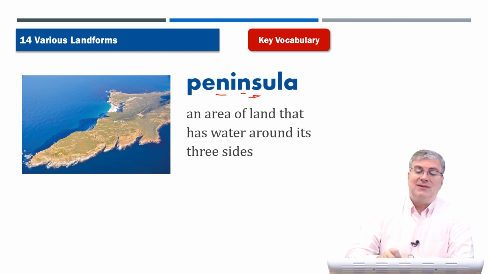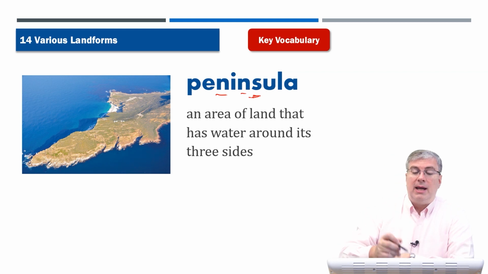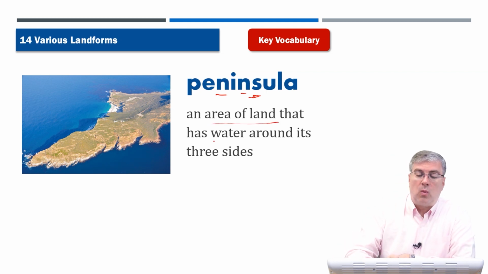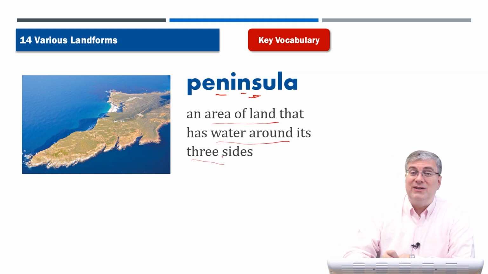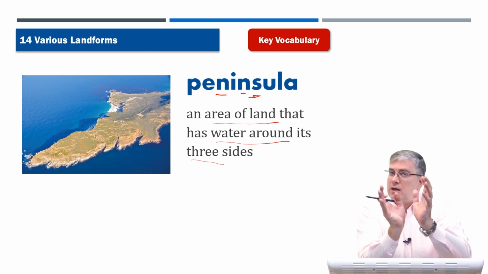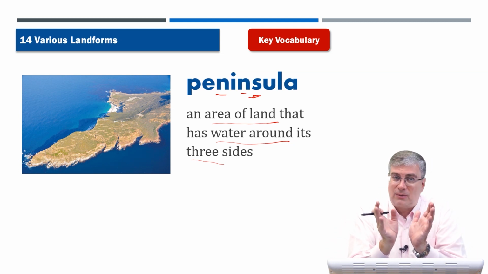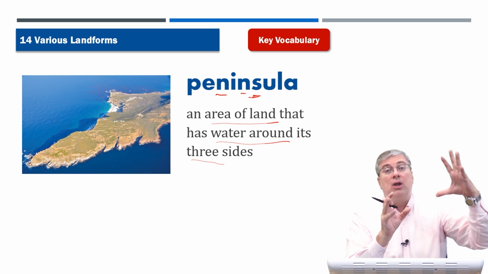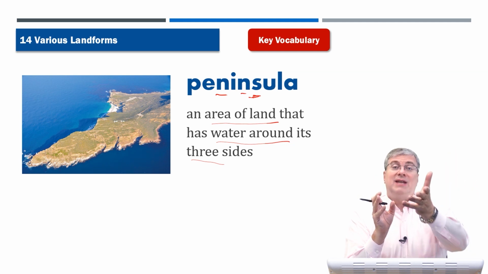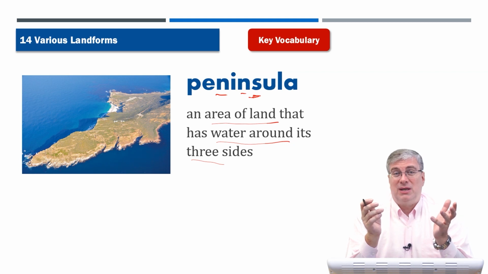Peninsula, of course, it's like the opposite of a gulf. Okay? Think about it. It's an area of land that has water around three sides. Not completely surrounded, right? A gulf is not completely surrounded by land. A peninsula is not completely surrounded by water. It's connected to a larger body of land. Take, for example, the Korean peninsula, very famous peninsula, right?